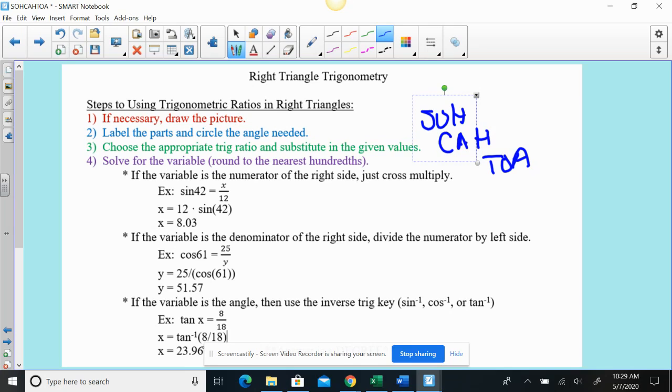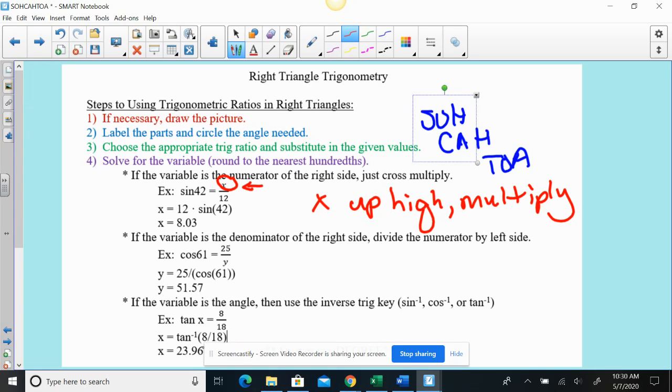So there is a silly expression. You guys know I love my silly expressions. When we solve, when x is up high, so if your x is in the numerator, you're going to multiply. X up high, multiply. That's what these notes are saying. If the variable is in the denominator, we're actually going to divide the numerator by the other side.